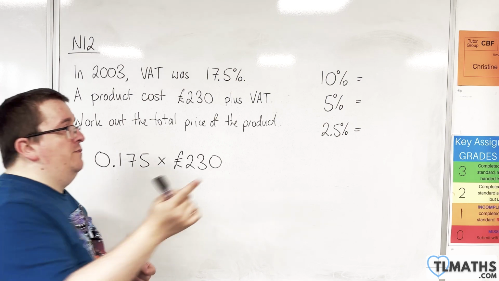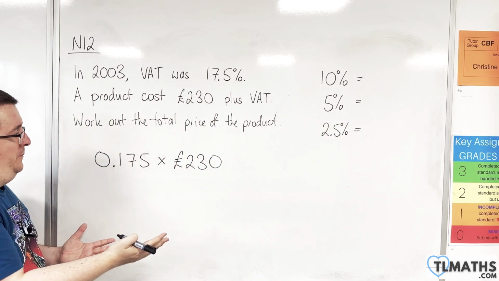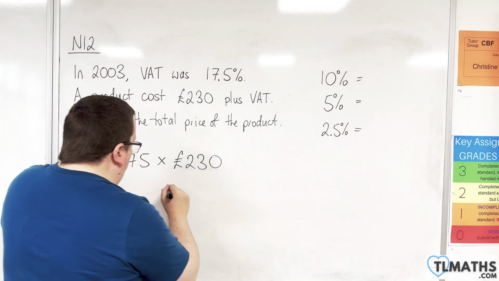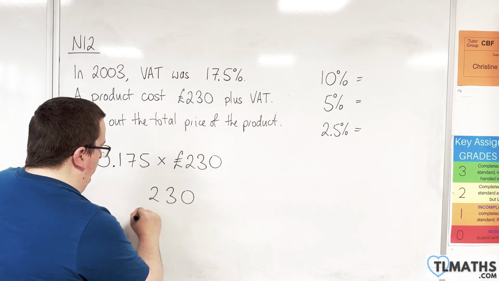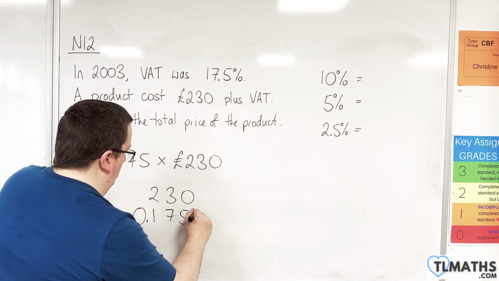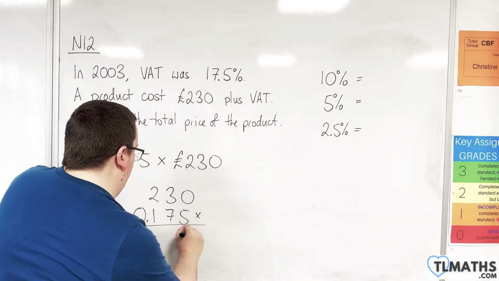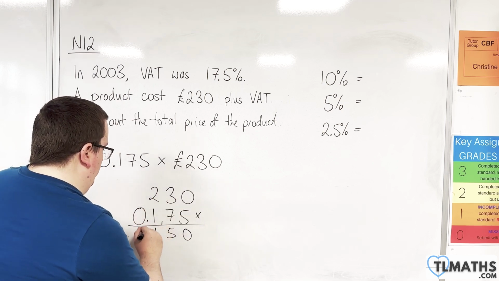Okay, so I'm going to go through that method in a moment, but I'm going to do it this way first. So 230 times 0.175. Hopefully I've got enough space. So 5 times 0, 5 times 3 is 15, 5 times 2 is 10, plus the 1 is 11.